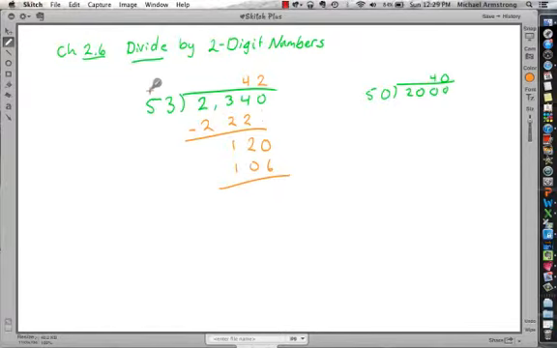This was from the previous section. So 2 times 53 is 106. I can't subtract, so I have to borrow. 10 minus 6 is 4. 1 minus 0 is 1. So 14 is my remainder. Remainder 14. And that works out pretty well.